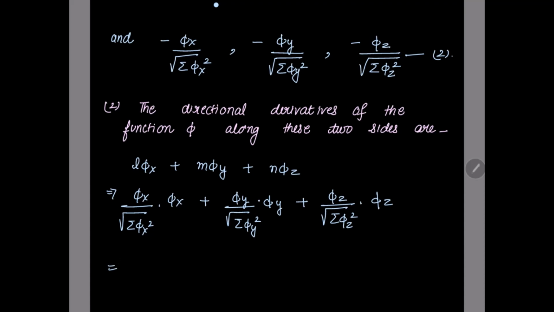Now if you sum this up, because the denominators are the same, the numerator will be phi x square plus phi y square plus phi z square. Can I write it as summation phi x square? Yes.